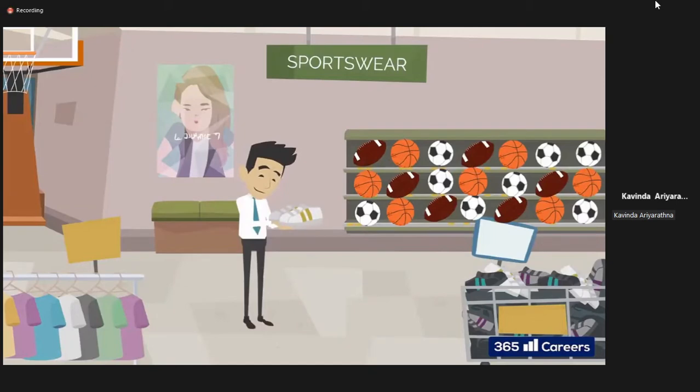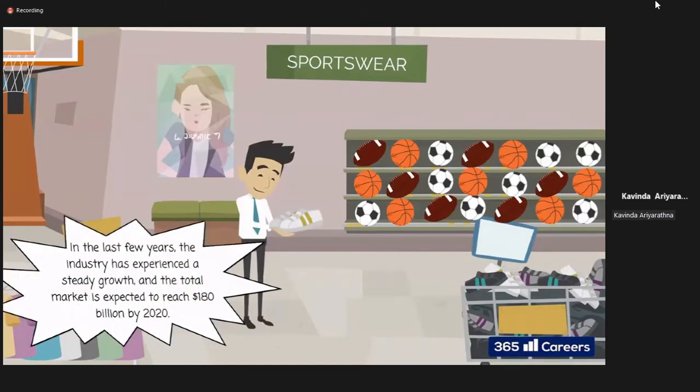So, let's get started. The sportswear industry is a mature market that shows no signs of decline. People need clothing and love wearing sports apparel in their free time, both outside and at home. In the last few years, the industry has experienced steady growth, and the total market is expected to reach $180 billion by 2020.